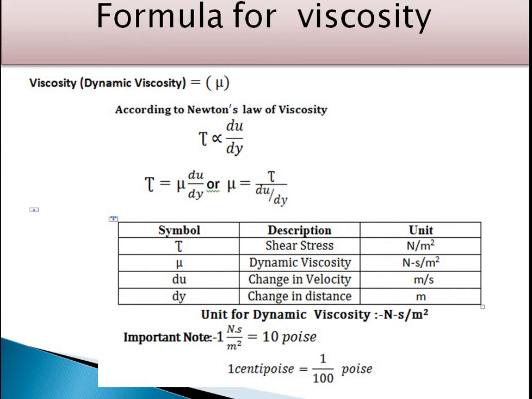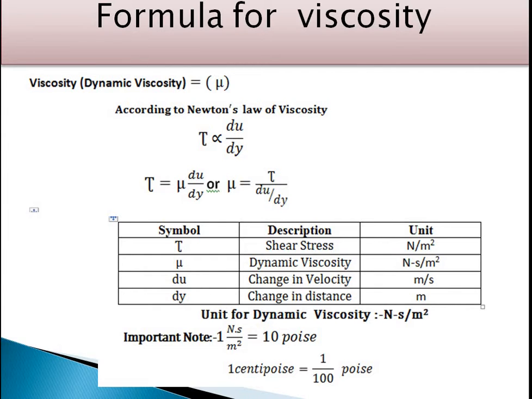Mu is the dynamic viscosity, in Newton second per meter square. Du is the change in velocity, given in meter per second. Dy is the change in distance, given in meter. So by considering all units, the unit for dynamic viscosity is Newton second per meter square.